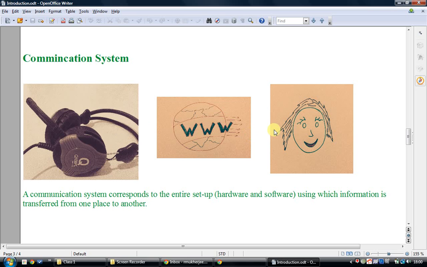And at your side, again the reconversion is taking place, that is from digital domain to analog domain, and that is done by your speaker or your headphone. And you can listen to what I am saying. It means the information has been transmitted from me to you through this entire setup, which includes different hardware and different software.